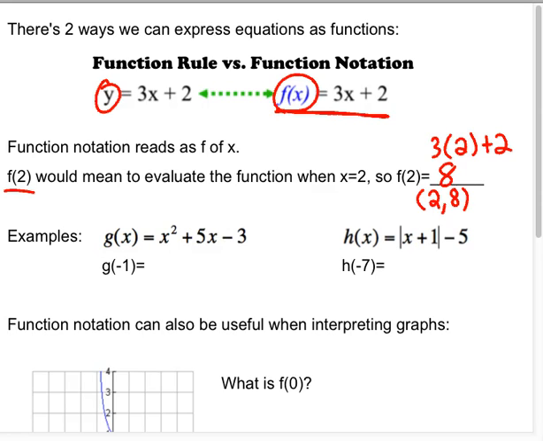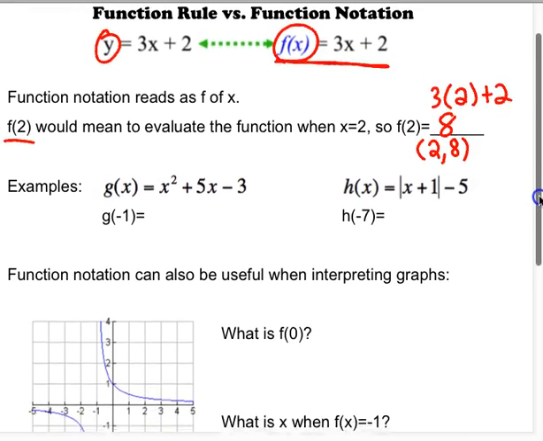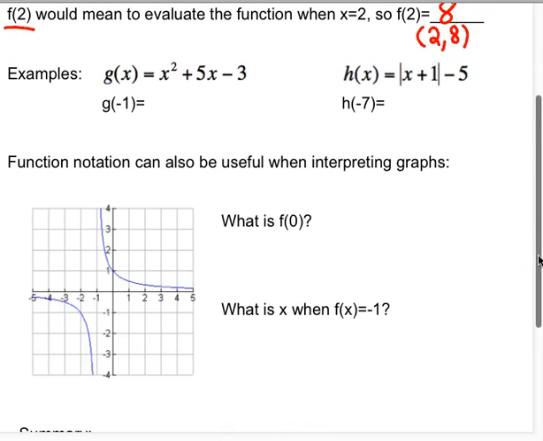So let's get a little bit of practice in for that. So here g of x is x squared plus 5x minus 3. So if I want to evaluate for -1, again, I put -1 in everywhere I see x. Okay, I'm just substituting it in.